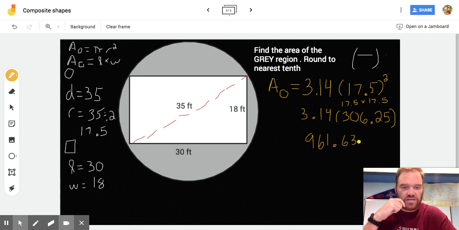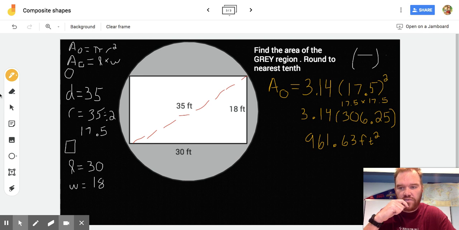The 5 rounds the tenth up to a 3, because we're rounding to the nearest tenth. So that's 961.63, and let's make sure we label it feet squared.